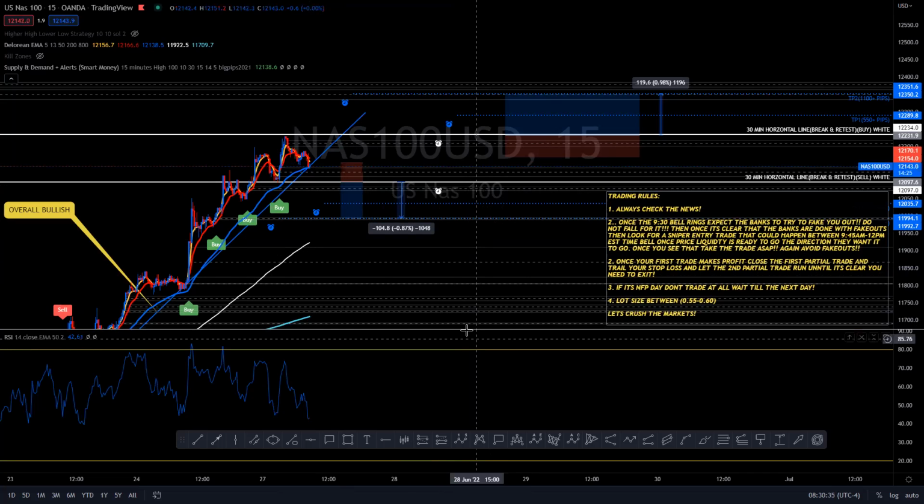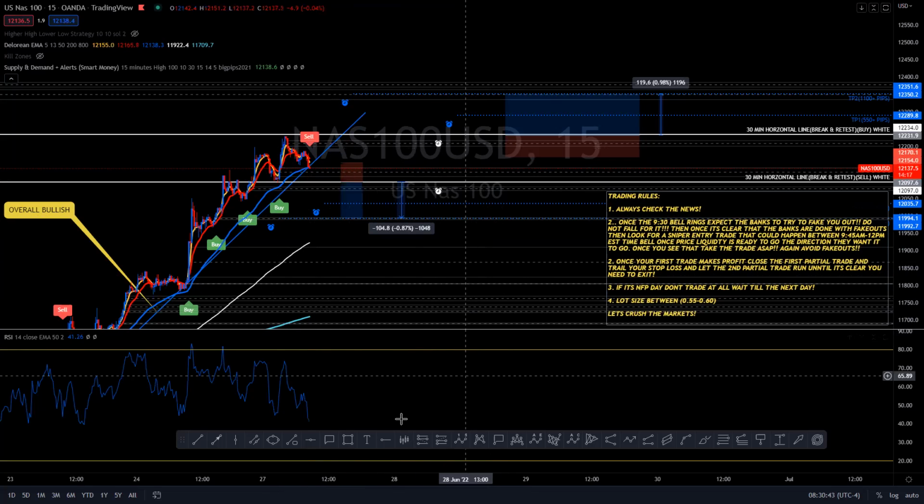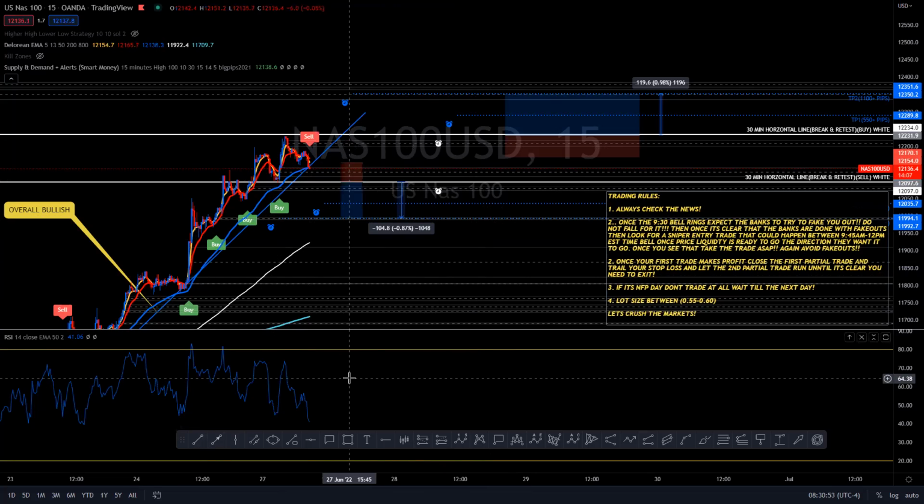We'll see. Sell signal here. Pause this recording, wait for the next candle.